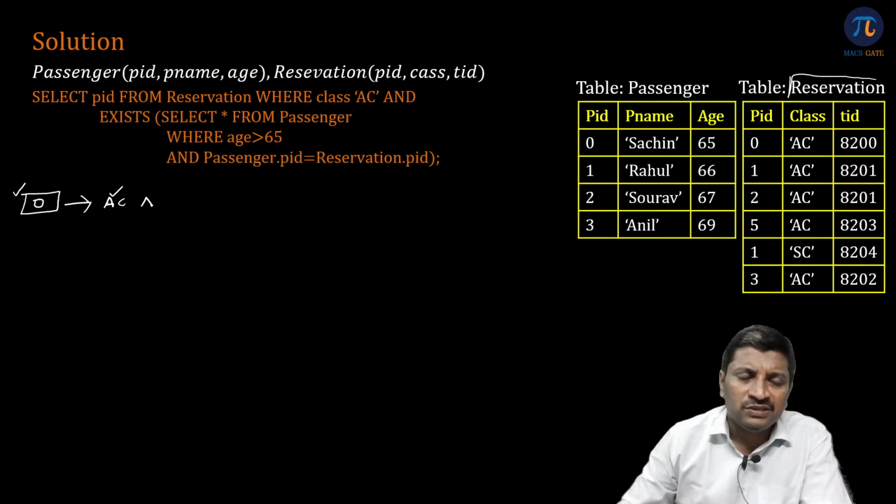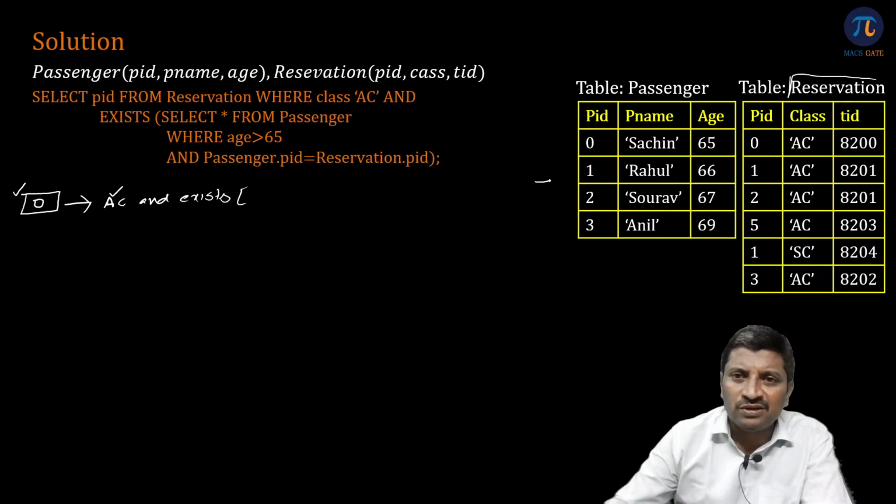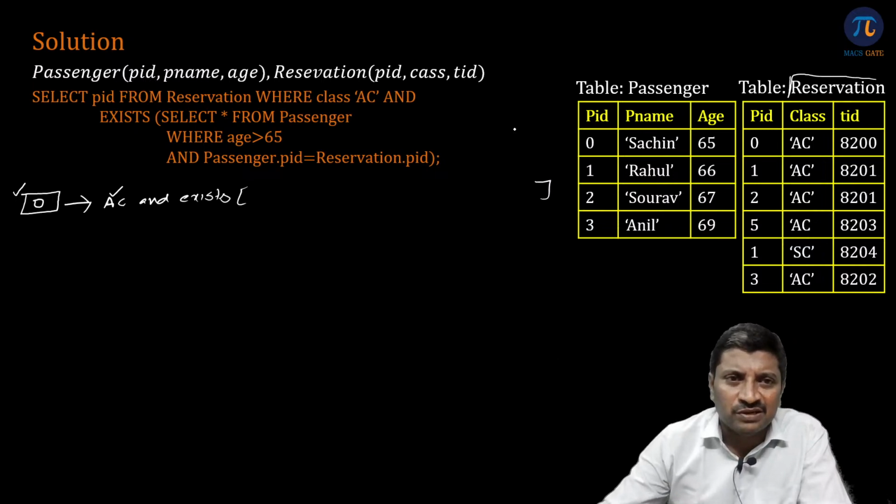Then second one. And exist of what I need to have, sir? Select star from passenger where age greater than 65 and this ID must be equal to here. What is the ID? 0, sir. 0 is here. Age greater than 65, sir. It's not greater than 65.